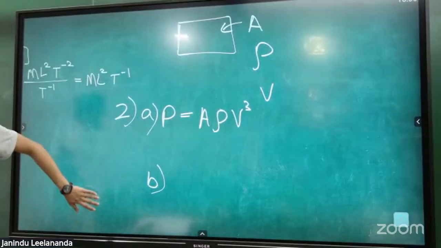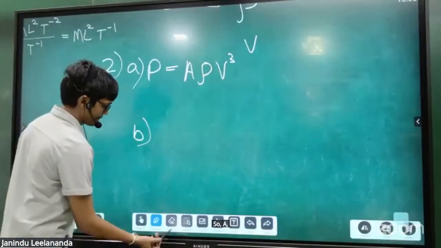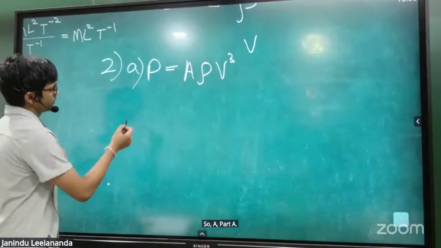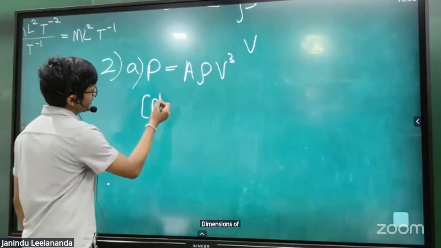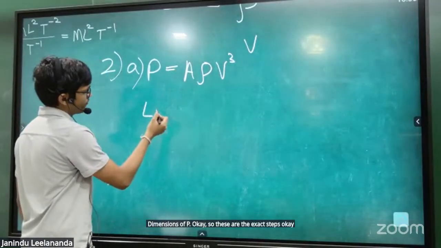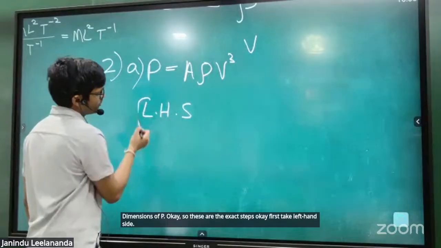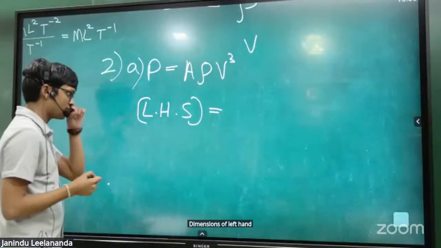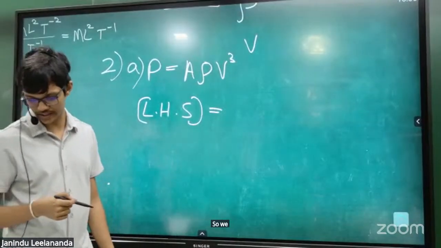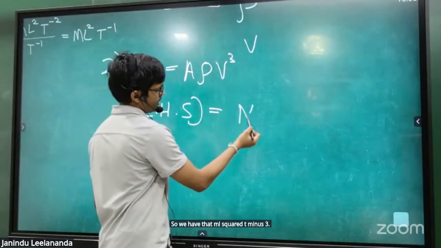So part A, dimensions of P. These are the exact steps. First take the left hand side. What are the dimensions of the left hand side? Dimensions of power: we have ml squared t minus 3, it's given.